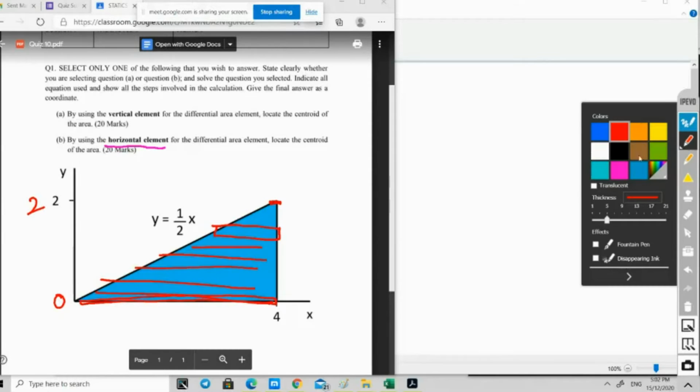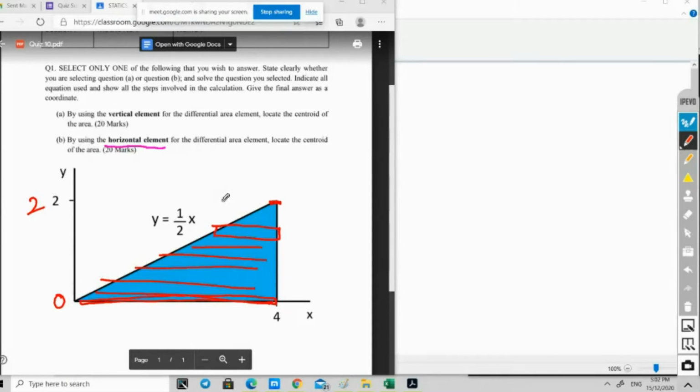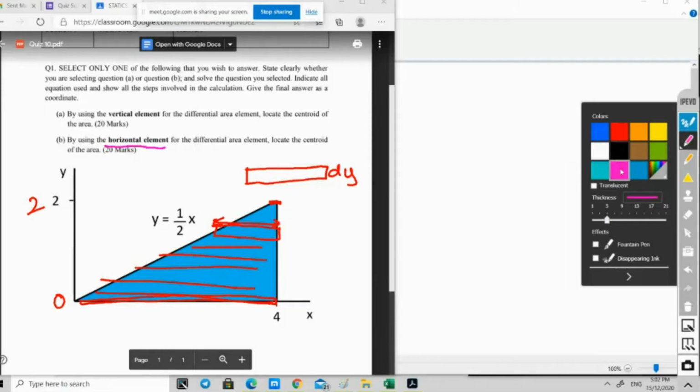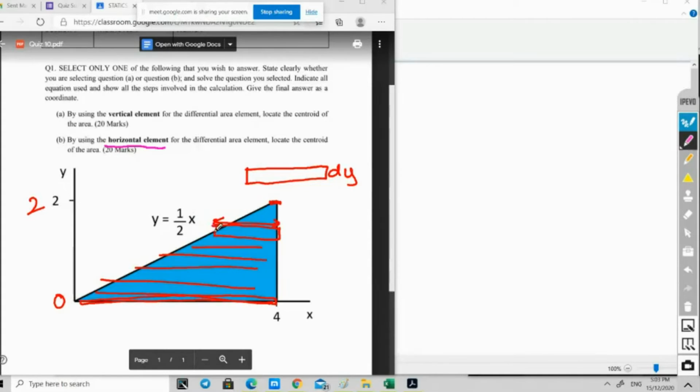Then the element itself will be dy, and here what is the length? Here is where you have to know this distance, right? Taking this point as the generic x y coordinate, you understand that this length is x and this whole length is 4 here, right?